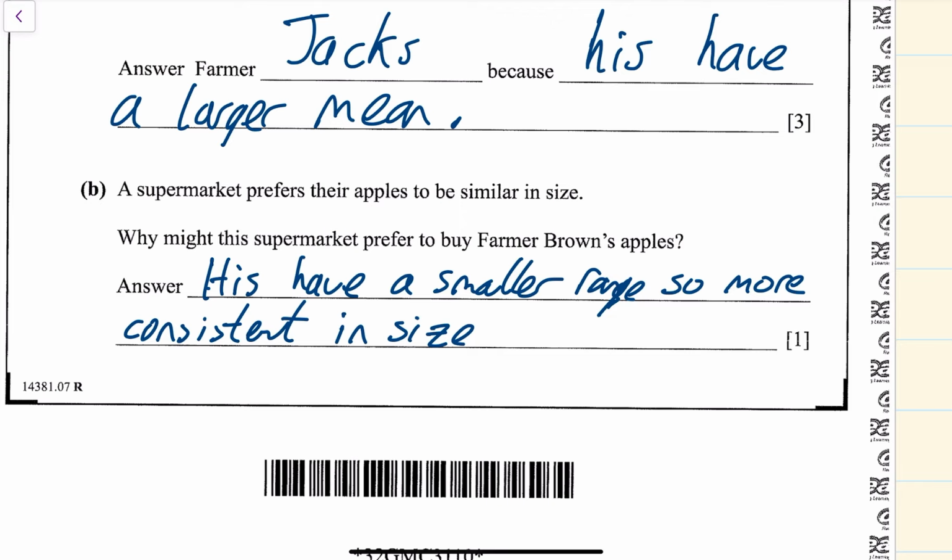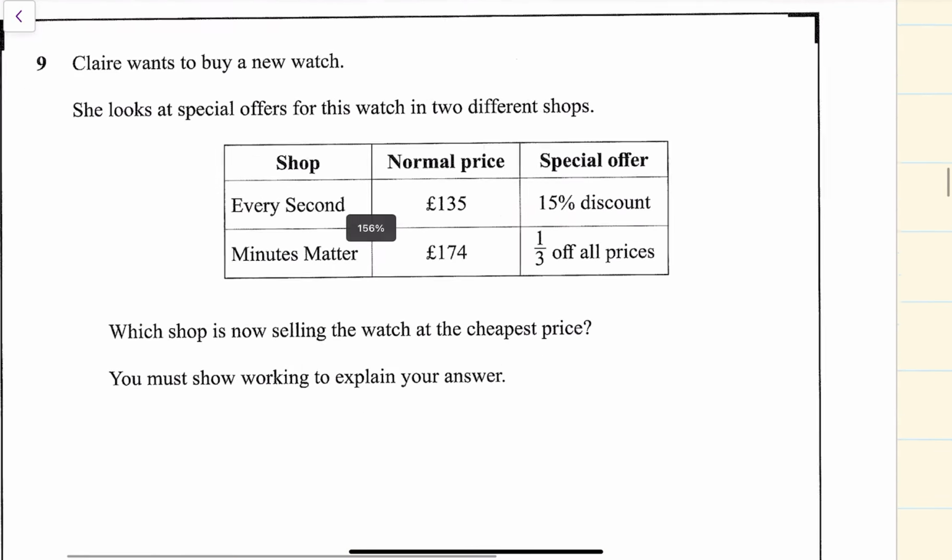If you got 6 apples, you're not going to have one absolutely huge apple and then 5 wee tiny apples. You want to have 6 similar sized apples. So we'll say easier for packaging. Something along those lines, more consistent in size.